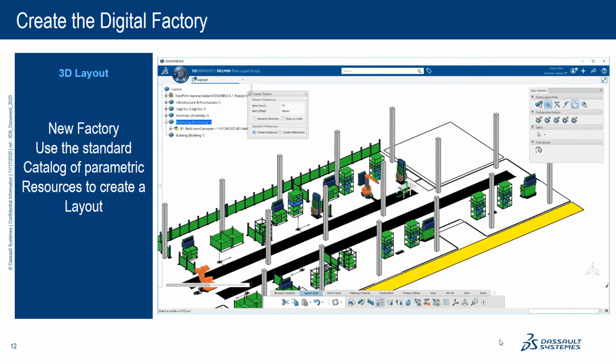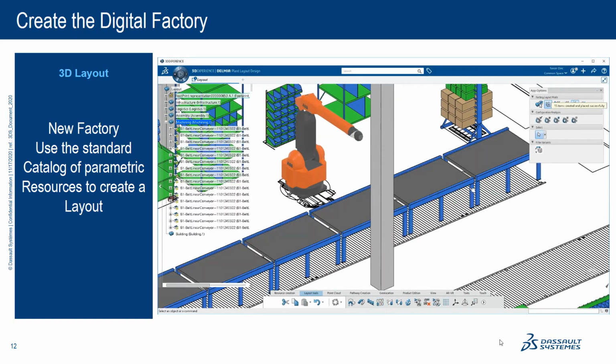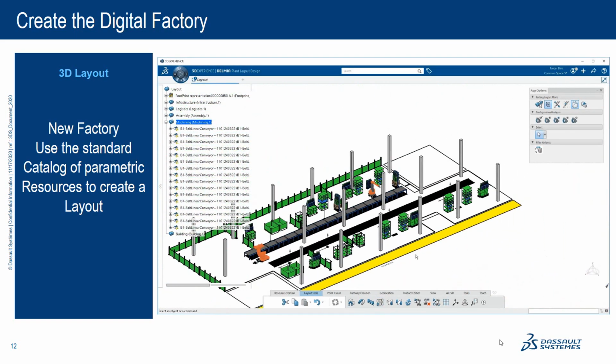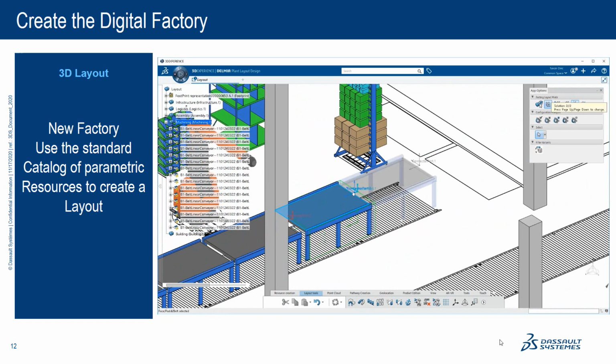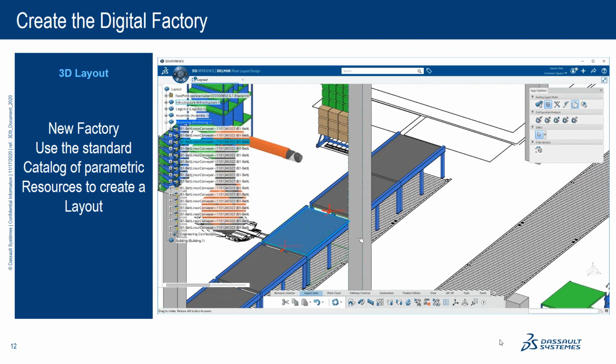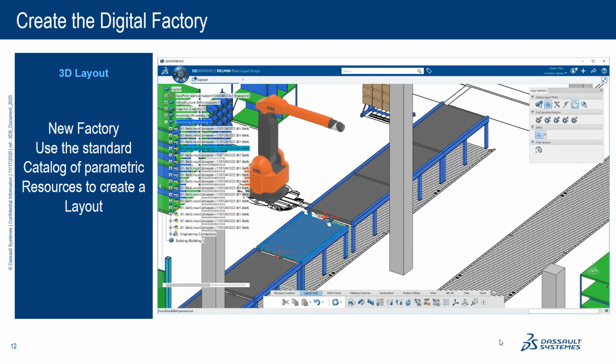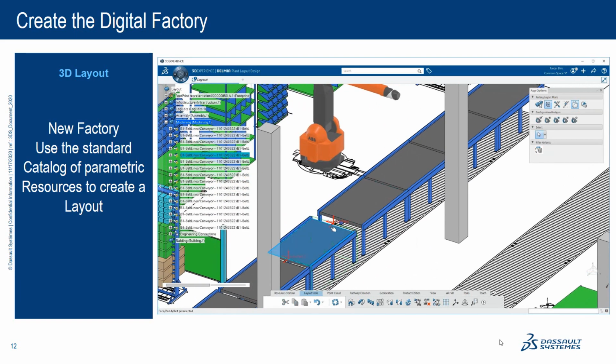And at the end, you will have something like that, a full model of your shop floor. Everything you can see there is done from the standard library provided with Delmia.